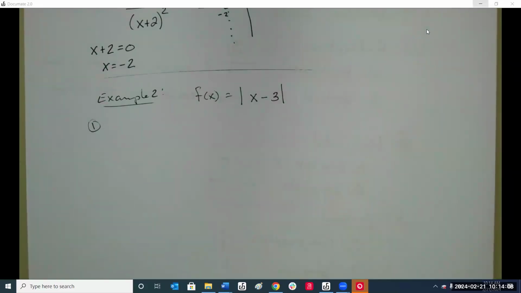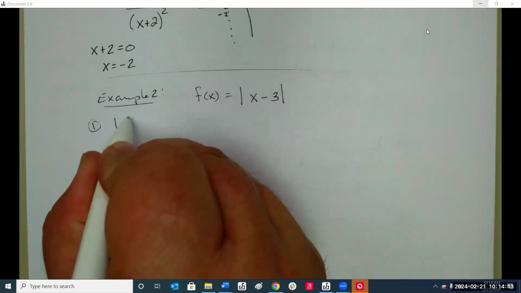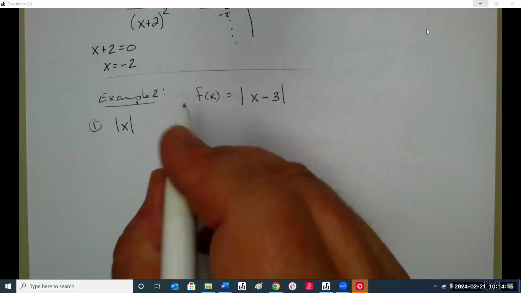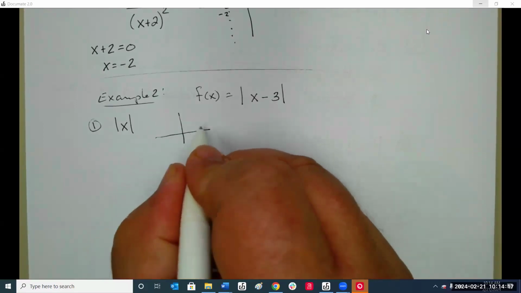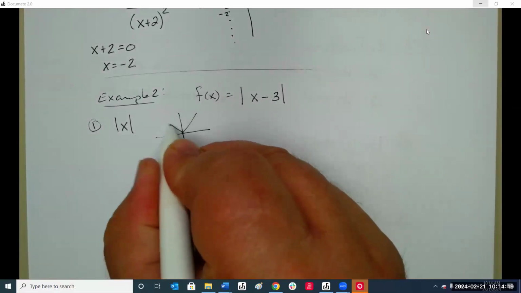What's the basic function of this equation? Absolute value of x. What does that graph look like? It's a v. Very good. From the origin.